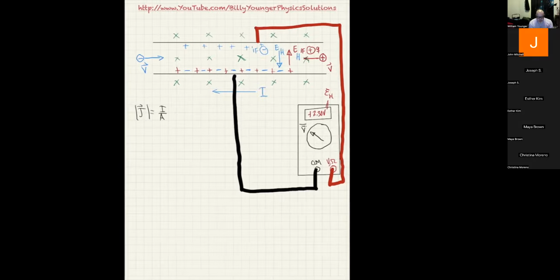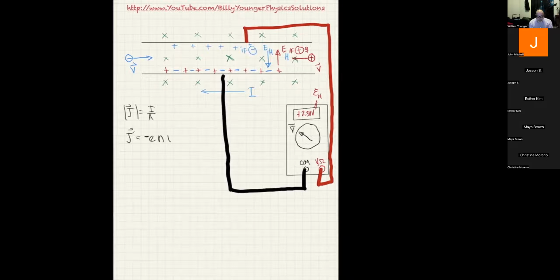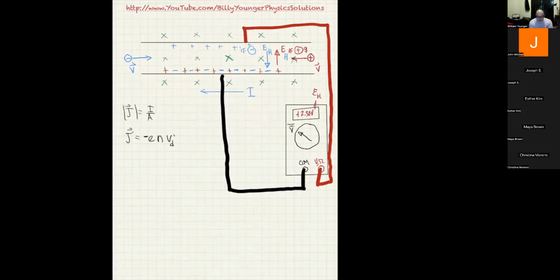Now, in vector form, that means J, we found, was in fact equal to negative the charge of the electron, because we know it's actual electrons that are moving in a given current, times the number of free electrons per unit volume times the drift velocity. And that drift velocity was also a vector. Okay, that's what we found.